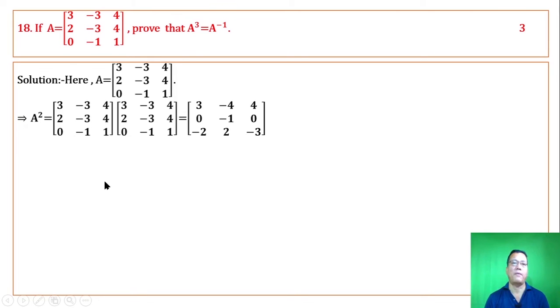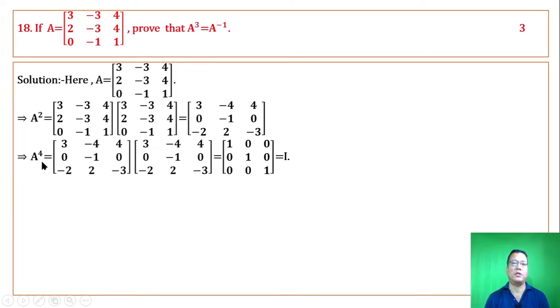Then A power 4 is A square times A square, which is equal to I. A power 4 is A into A cube, so A times A cube is the identity matrix I. Therefore A cube is the inverse of A, that is A inverse equals A cube. For the 3 marks, the technique matters: finding A cube and then A inverse are the major steps of the process, which carry the marks. The answer is C.